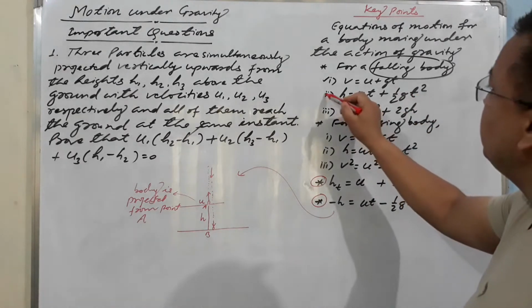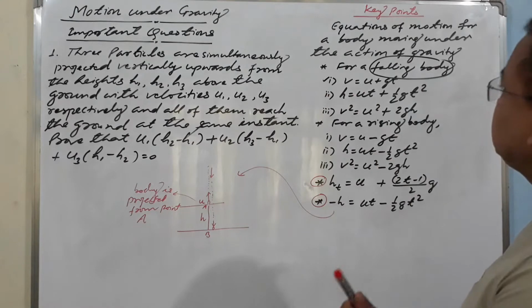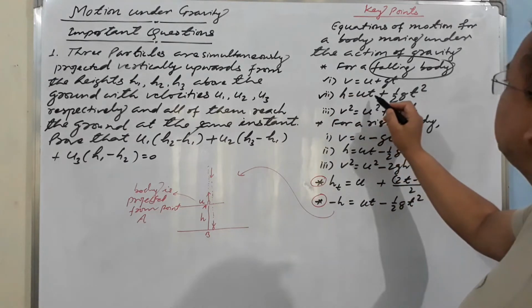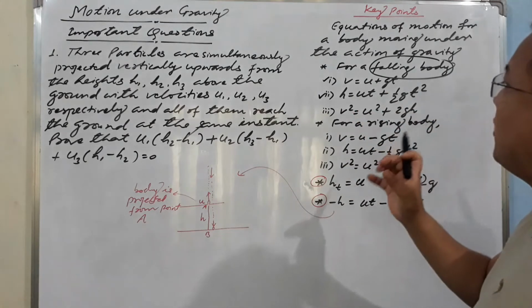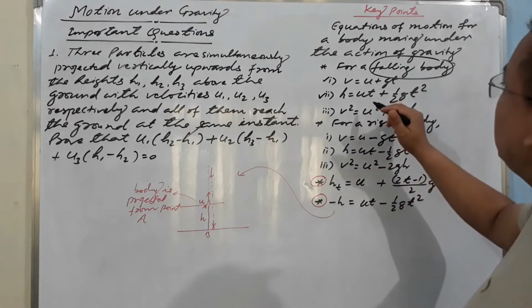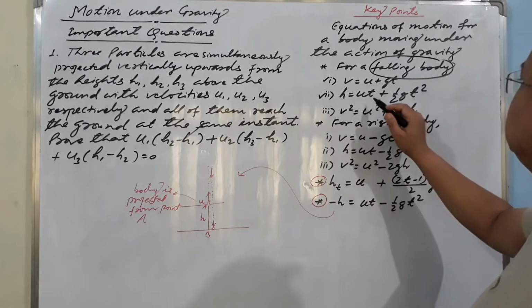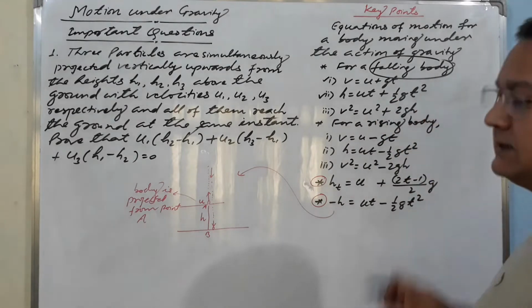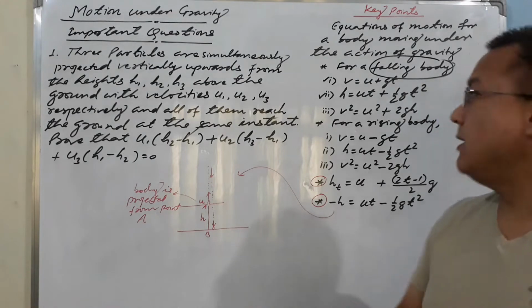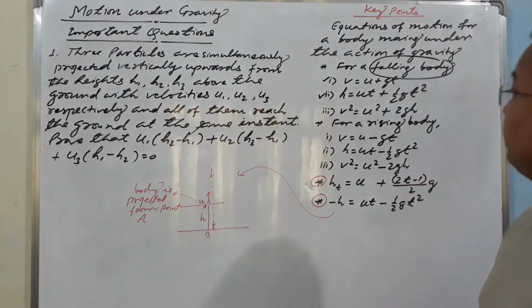The second one: h is equal to ut plus half gt square. h is your height attained by the particle in time t. u is initial velocity and g is acceleration due to gravity. t is time.